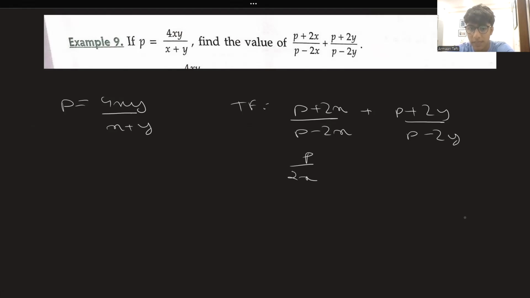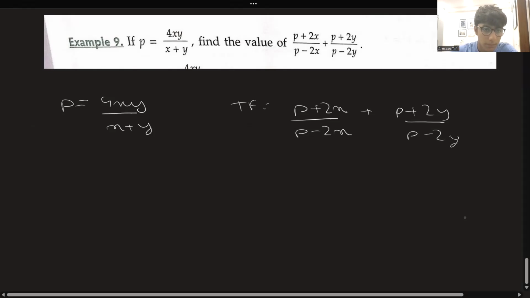If you do a CND on p by 2x, you get this, and if on this you do a CND, you get this. This is the sort of stuff you should start seeing by now. And once you see this, you know that you somehow engineer a p by 2x. So let me erase this and show you how we'll achieve that.